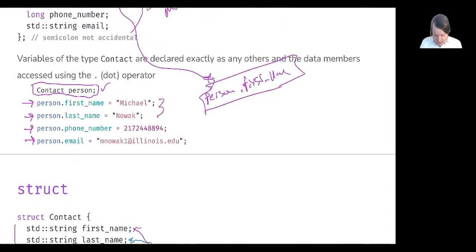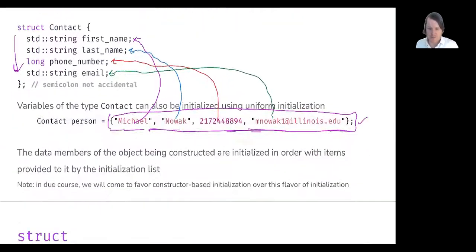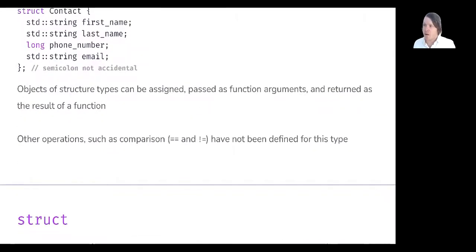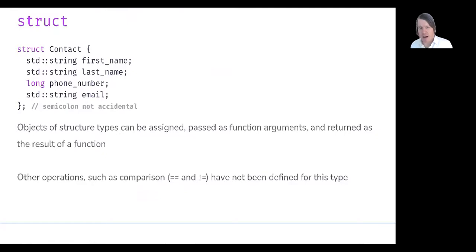We can assign to them and update their values using the dot notation. So we could also pass these objects as arguments to a function that does some sort of operation on objects of contact type. And we could also return objects of this type from a function.